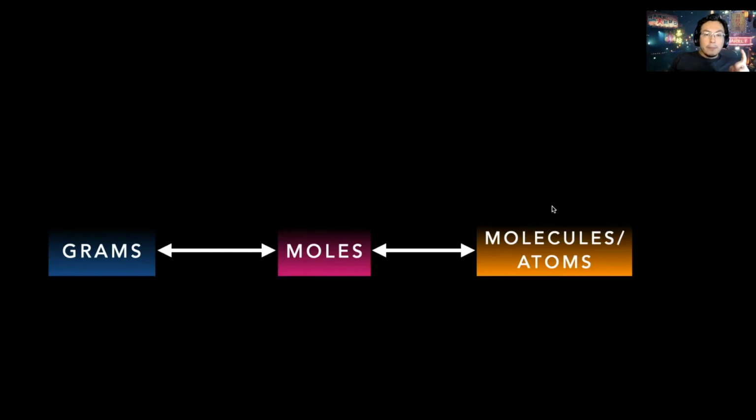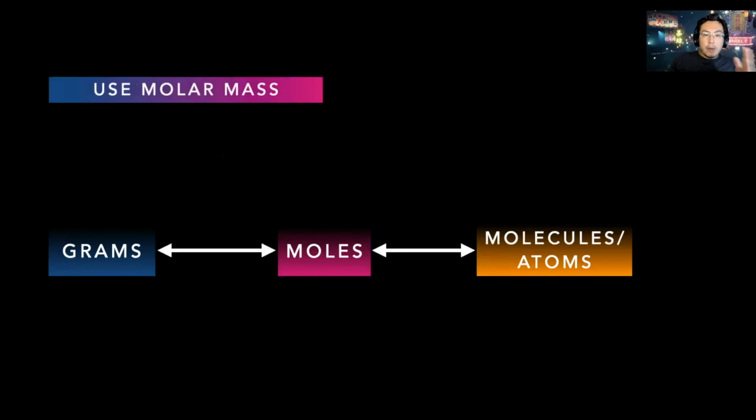Now, let's see. We said molar mass, but it's not going to be the same if we're transforming from grams to moles, in which case we will be dividing whatever number we have in grams by the molar mass. MM, in this case, is molar mass.